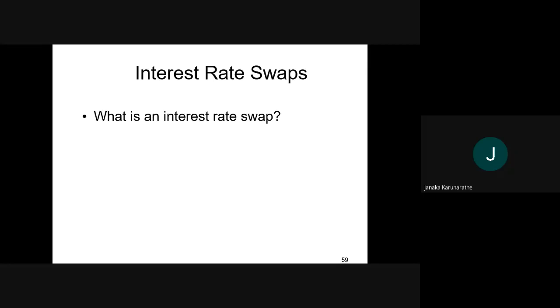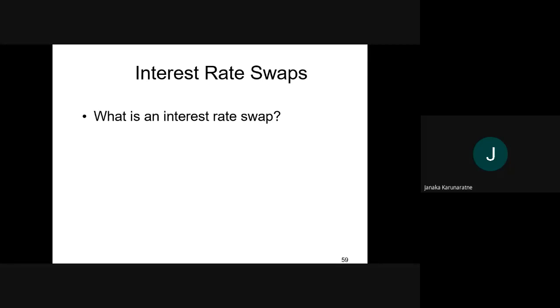Now, we have covered three types of instruments: the futures contract, interest rate futures, and interest rate forwards, the forward rate agreements. So now we will move on to interest rate swaps. This is again a typical interest rate derivative used by market participants.